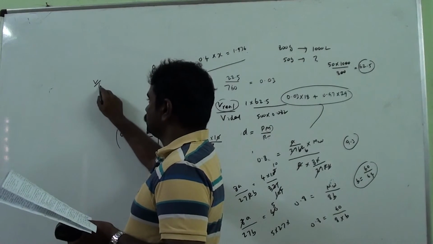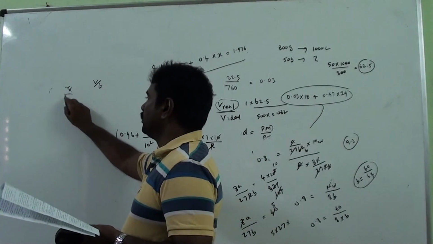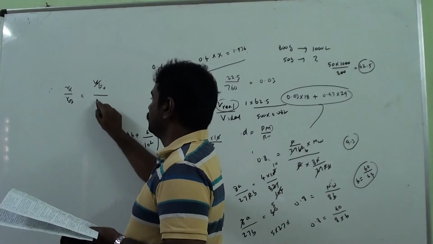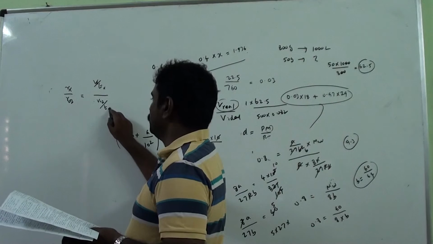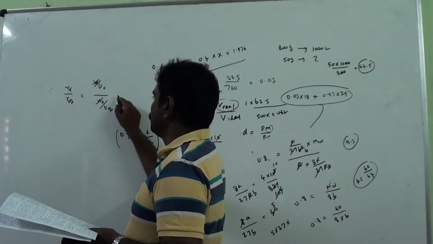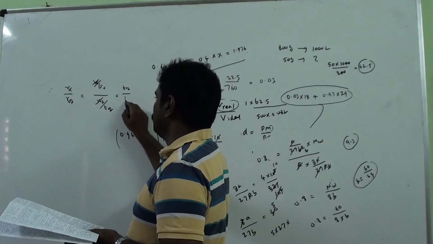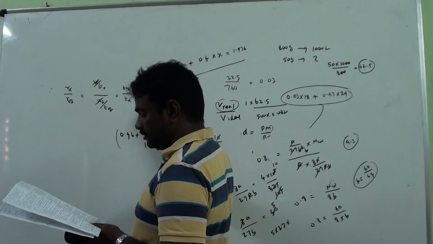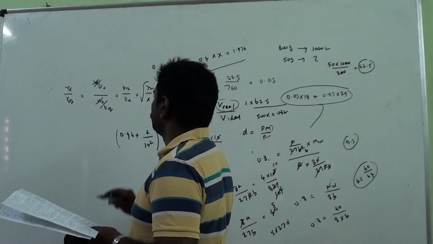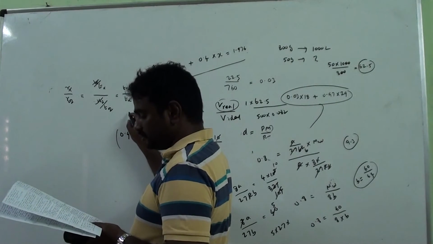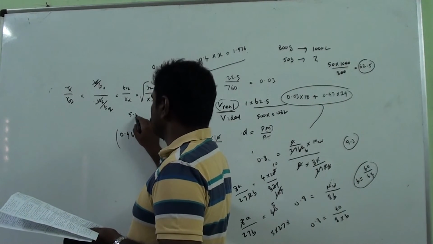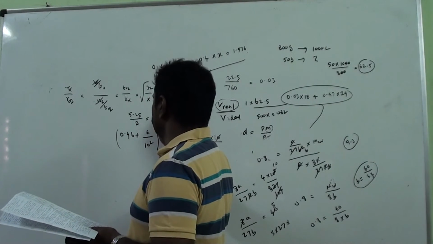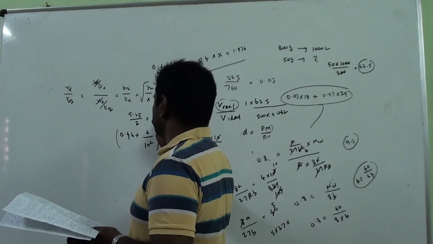Rate is V by T. Rate of x by rate of O2 is Vx by Tx divided by VO2 by TO2. Basically TO2 by Tx equals root of 32 by x. What is given for TO2? 5.65 divided by 2 equals root of 32 by x.